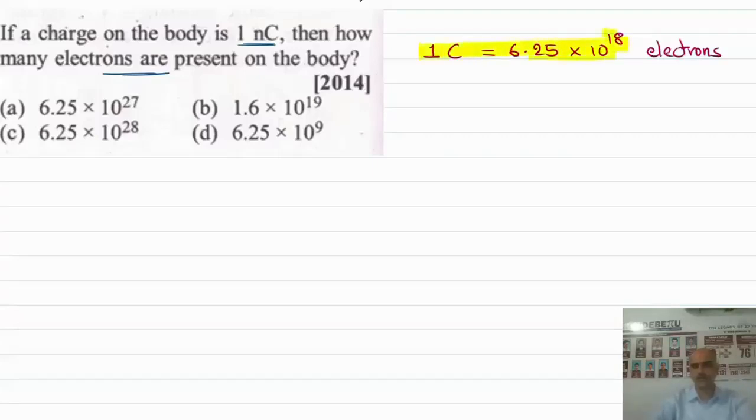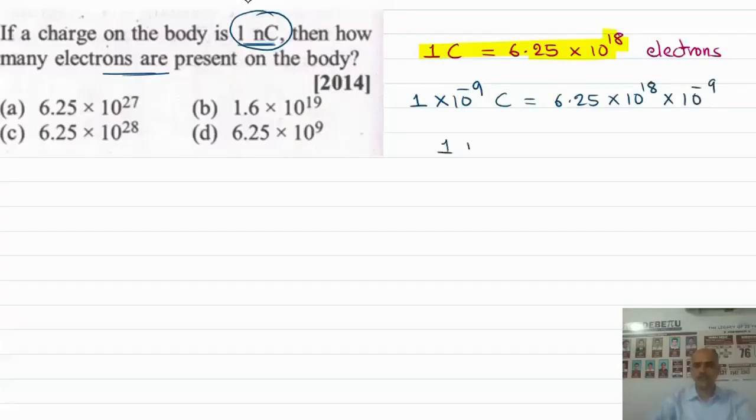This you are required to remember. Substitute this, in one step you will have the answer. So as asked, 1 nanocoulomb means multiply both sides by 10 raised to minus 9. So this is 6.25 into 10 raised to 18 into 10 raised to minus 9. LHS will become 1 nanocoulomb. Here if you simplify, 6.25 into 10 raised to 9. So option D is the answer.